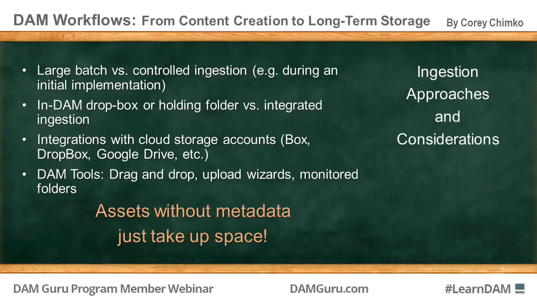Normally, that's not the greatest idea, just because chances are that they are not named according to any type of convention. Chances are that they don't have any metadata associated with them. So just uploading them like that is really no different from having them on your hard drive. So basically, when you have that implementation and you're ready to go, there's basically two workflows that I recommend for people. The first is going to be a large batch ingestion, which would basically be you do upload all of those images in there, but you upload them into what I would call an in-DAM Dropbox or a holding folder.